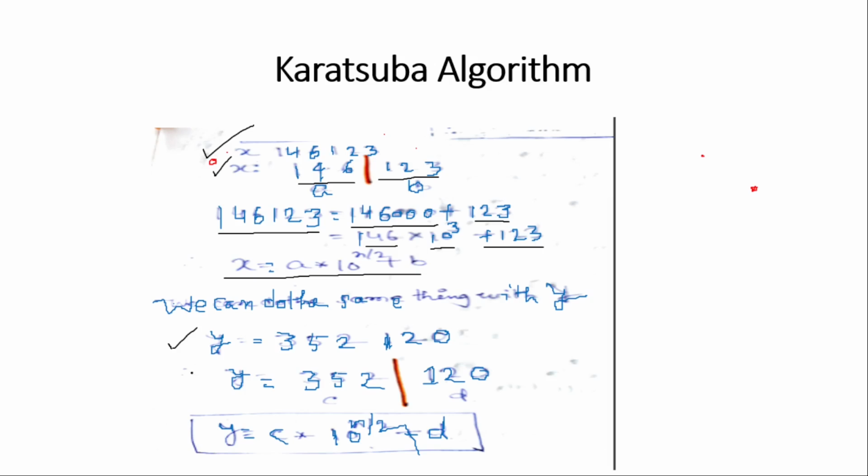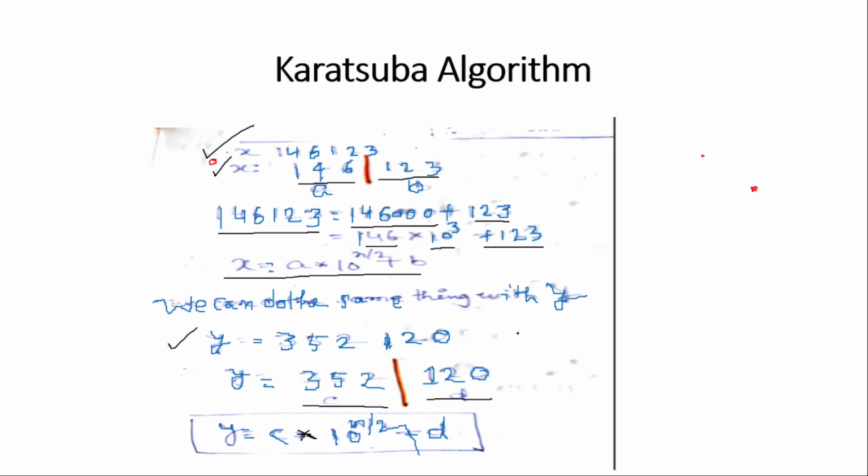Similarly, y can be written as c into 10 to the power n by 2 plus d, that is 352 into 10 to the power 3 plus 120. This is the first part of the second number, and this is the second part of the second number. Now you have to keep dividing using a recursive strategy.